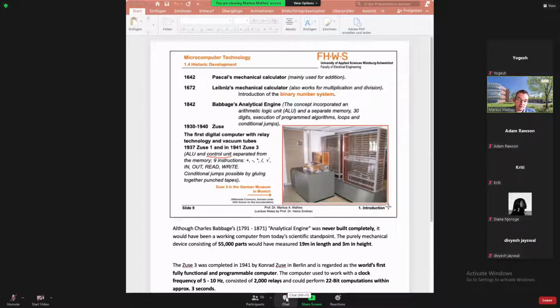And there you can see the Z3, the Zuse 3, as the first digital computer. I've seen this Z3 a long time ago during my studies. I'm not sure when I was in the German Museum, but it's very interesting.